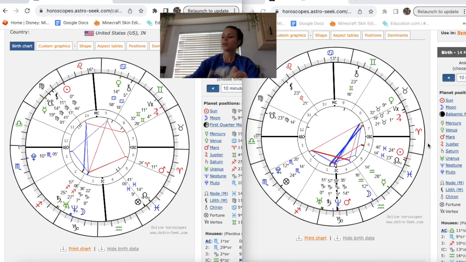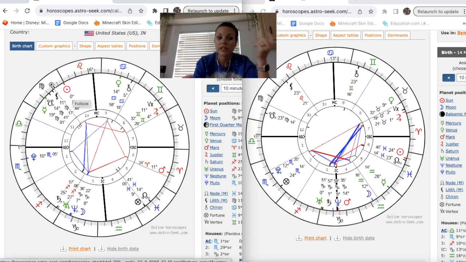The last one that we did was talking about the elements. So if that's where you are, then that's awesome. We see the sun over here is in Virgo, being an earth element. The sun in this person's chart is in Pisces, a water element.